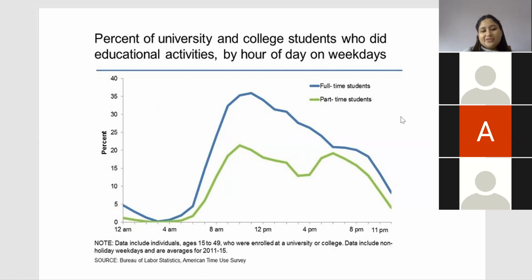The data is given in percentage for the different hours of the day: 12, 4, 8, and then evening 12, 4, 8, and 11. There is a lot of information. Even if you're not speaking of any of the ups and downs of the line, you will still be able to cover it in 36 seconds. Now it's your cleverness and smartness, how you cover it up. So just pay attention to it, be ready with your answer, and tell me.